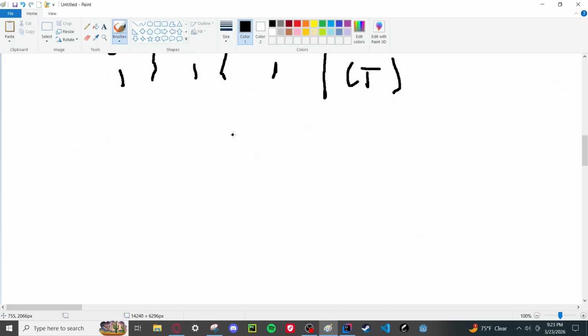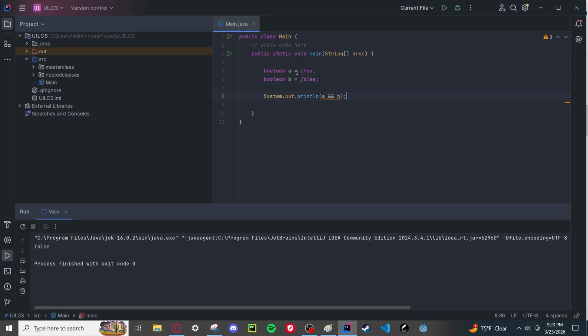I can represent this in code too. For an example here, true, false. When I run this, you'll see we get false because, as I discussed earlier, AND is only true when A and B are true.